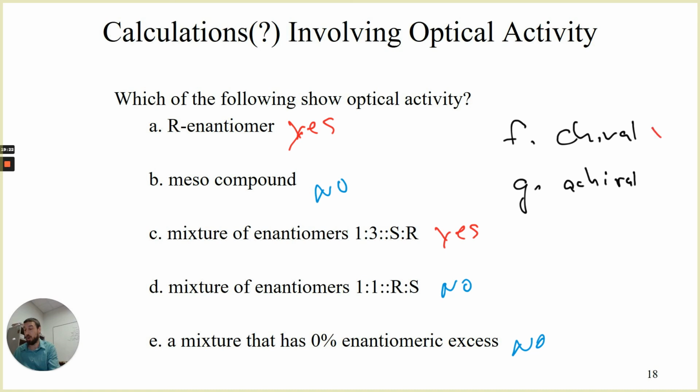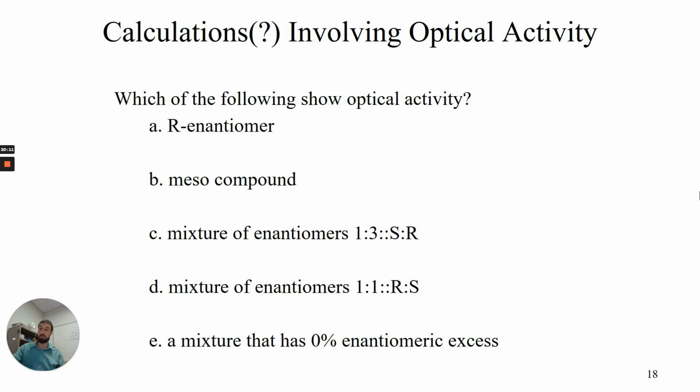A chiral sample is going to be yes, optically active. Achiral, no, optically inactive. You'll note that we've got 1, 2, 3, 4, 5, 6, 7 possibilities here. This could come out as a really easy which of the following shows optical activity, select all that apply, in an exam question. Just kind of thinking through things out loud.